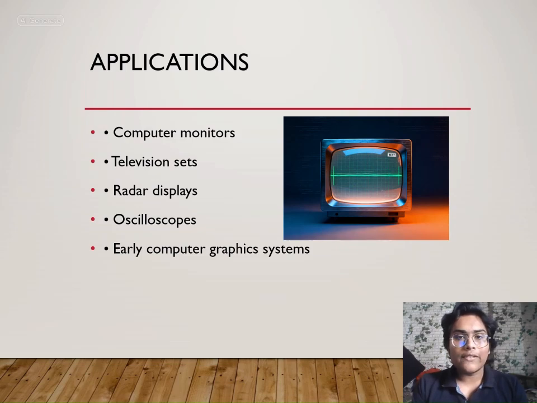Oscilloscopes, which show the waveform or current, also use the CRT technique. Early computer graphics, the graphics made in early times, also used CRT displays. So early computers have also used CRT displays.